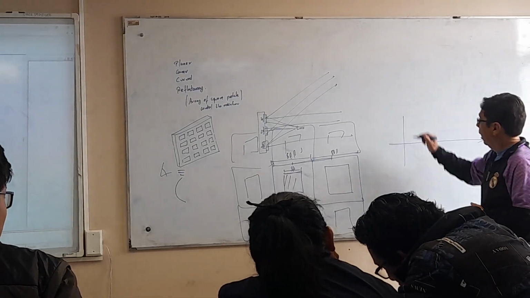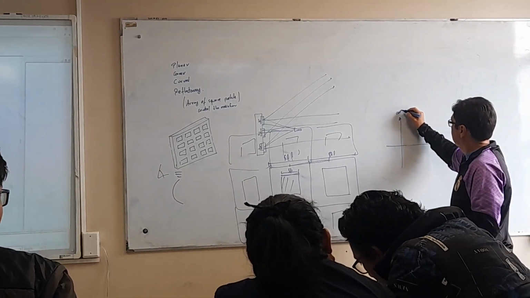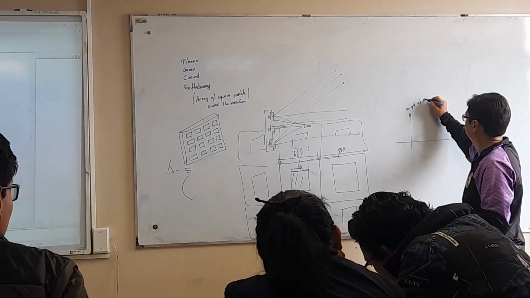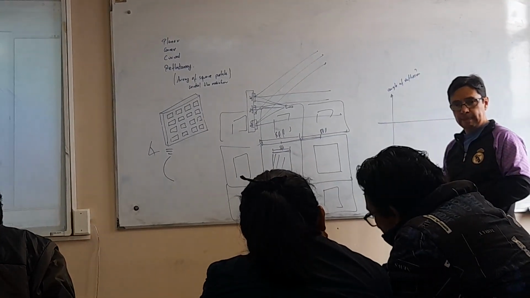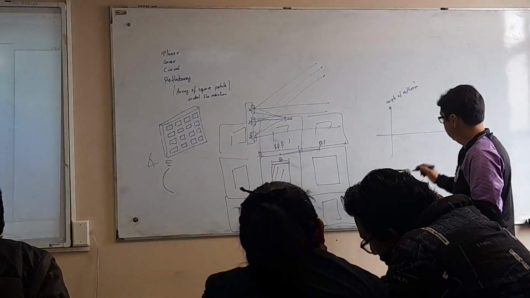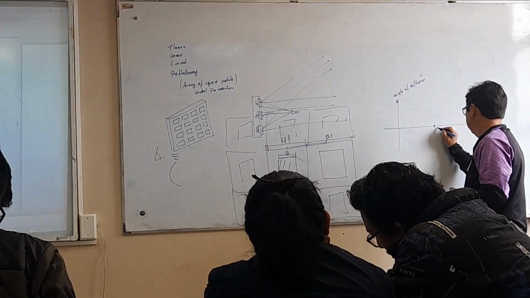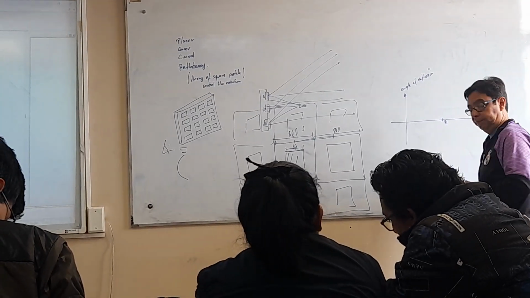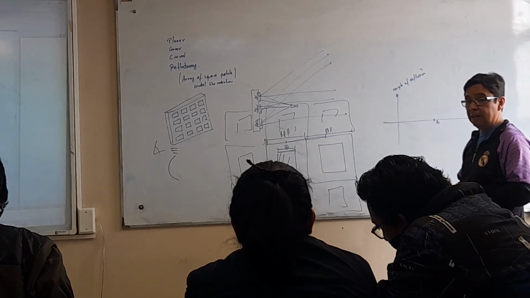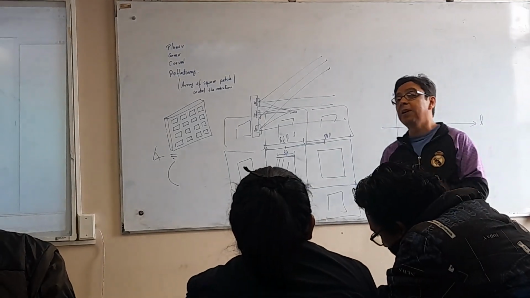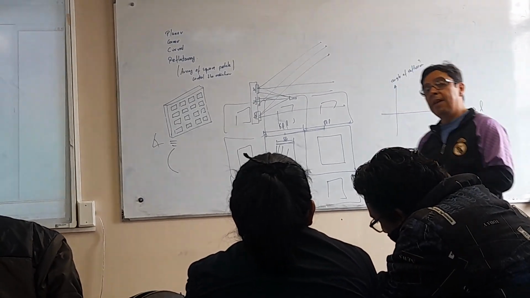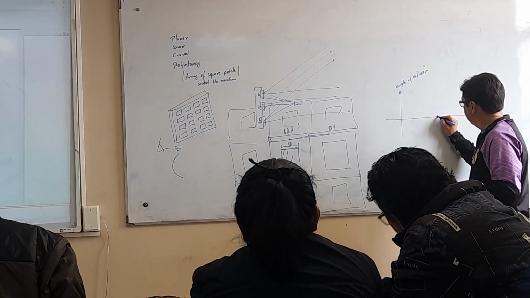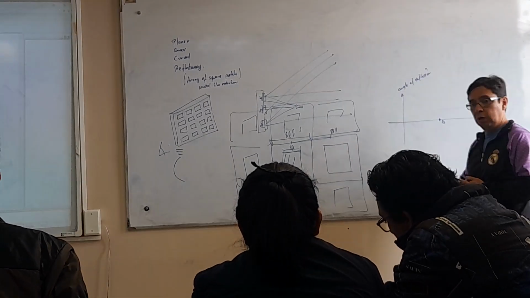And here we have the angle of reflection. Then, the L ideal is the length for the frequency that we want to work at. The phase is exactly 0.